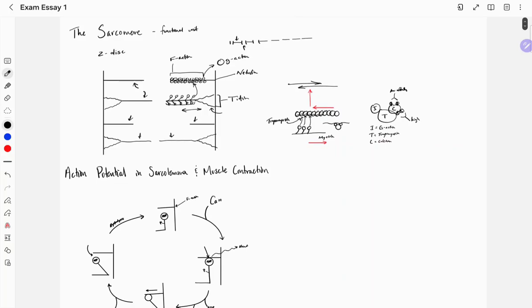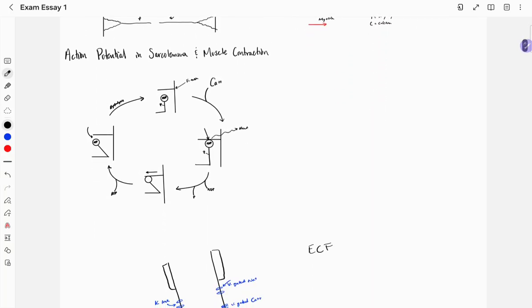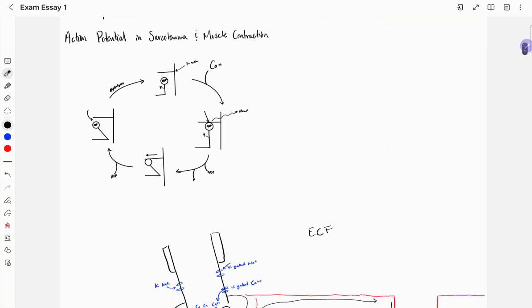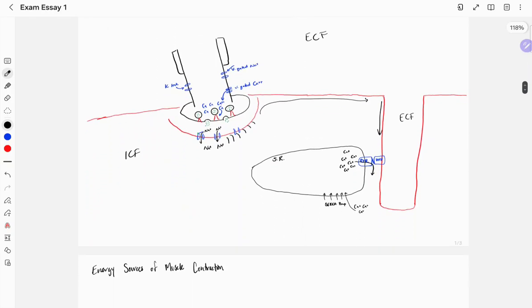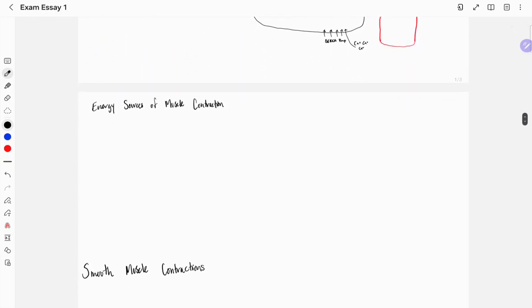So, we've talked about the sarcomeres, we've talked about action potentials in the sarcolemma and muscle contractions of skeletal muscle and how that looks. So now it's time for us to move on to talking about energy sources of muscle contraction.